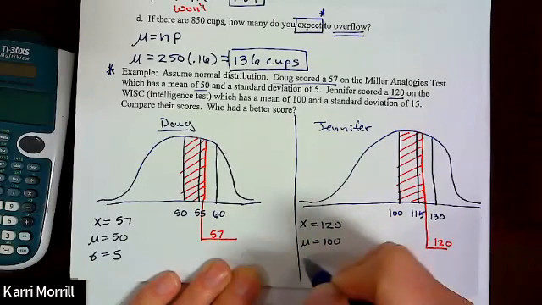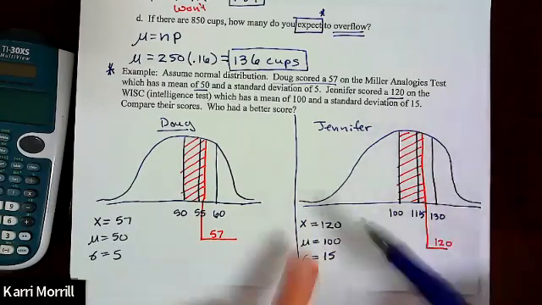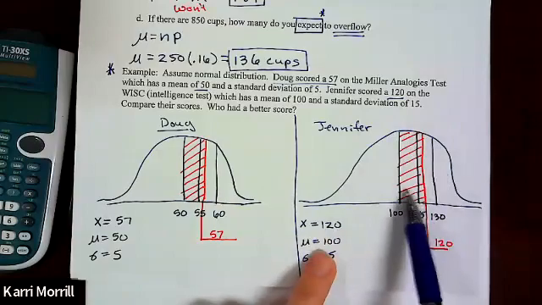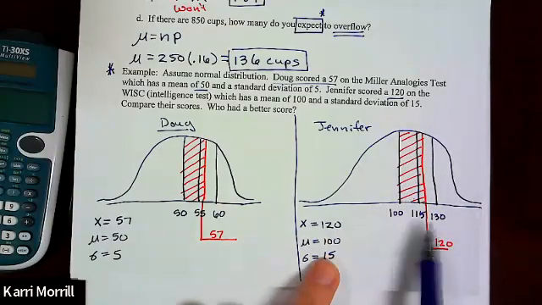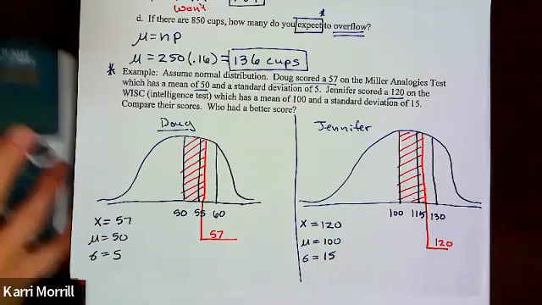And so I'm writing this information down again, just so it'll be here. So Jennifer scored, the X value is 120. Her mean, the mean score was 100, and the standard deviation is 15 for her. So again, just kind of looking at those pictures of what we know about the empirical rule, they look like they scored approximately at about the same standing.